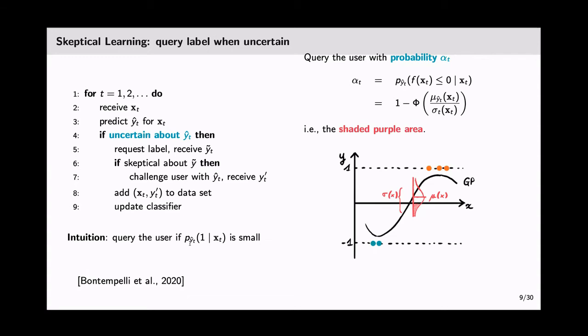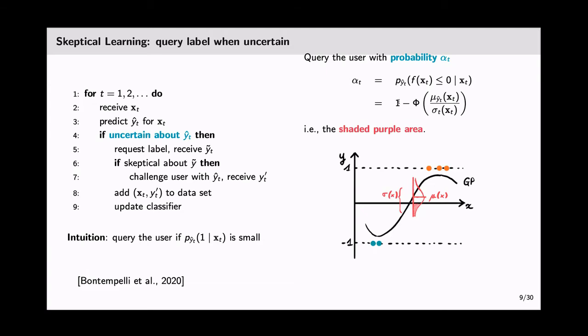So it's better to ask the user to get a label. Basically, the query is randomized. It means that we query with probability alpha_t. This is in order to avoid trusting the uncertainty estimation of the model too much.